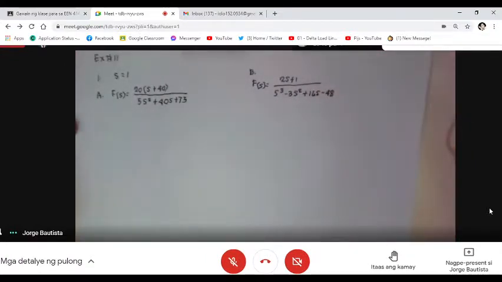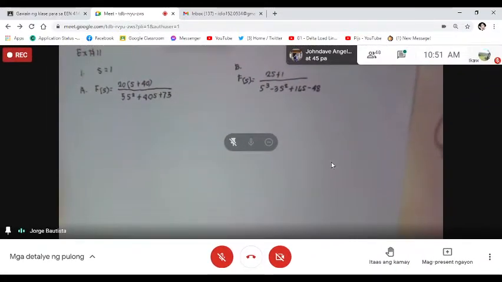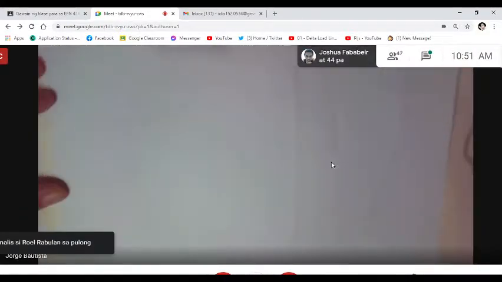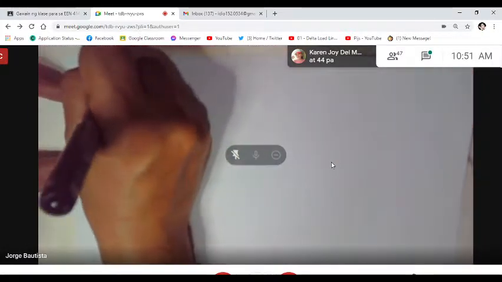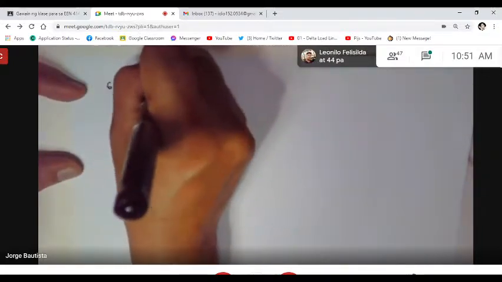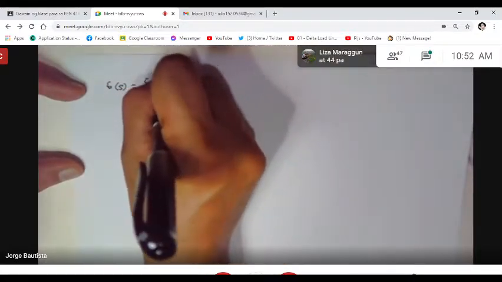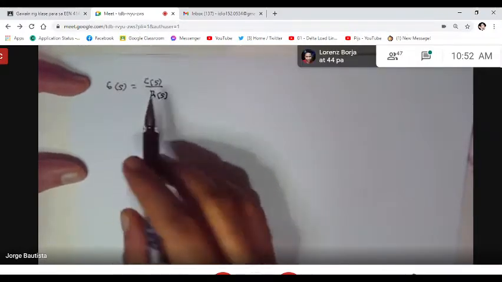Okay, so I'll stop sharing this for now. Before we go to example number 11, let me discuss G sub S. Okay? We said earlier, G sub S is equal to C sub S over R sub S. That is the transfer function. Now, R sub S is the characteristic equation.